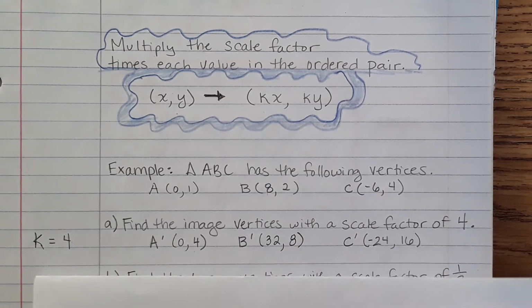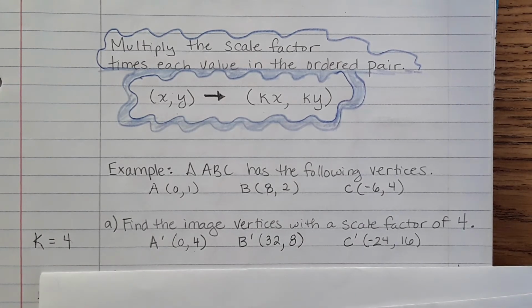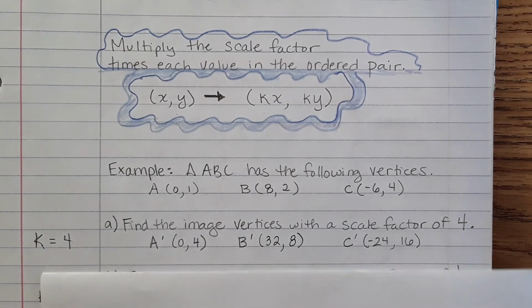Here are our new vertices with a scale factor of 4. And even if we're not graphing it, you should tell that you can graph these on a simple coordinate plane, but with values getting as large as 32 or -24, you're going to need a larger coordinate plane, because multiplying by a number greater than 1 is going to make an enlargement.